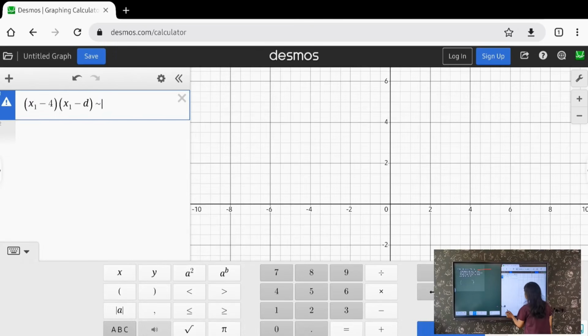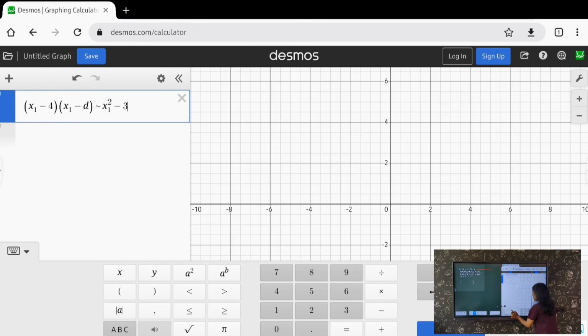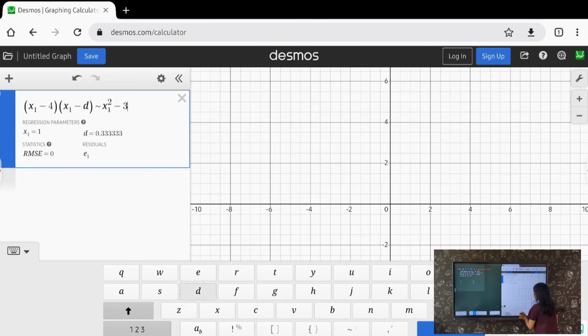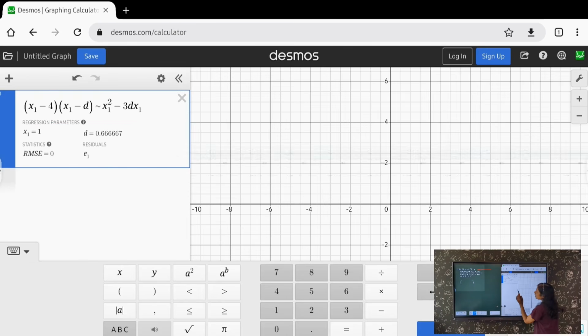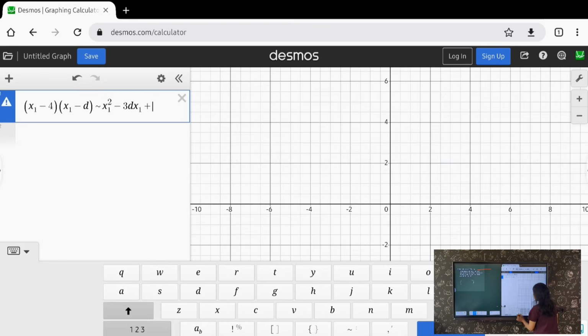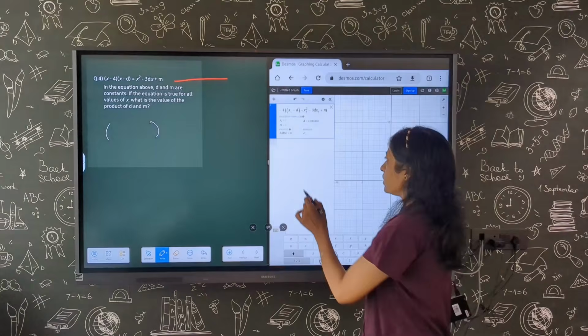Now enter the equation x1 square. Yes, we can use the power with x1 as well. So x1 square minus 3d, which is again a missing variable, times x1 and then plus m. Work is done. Let's wait.